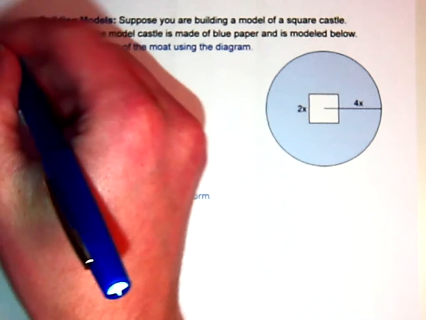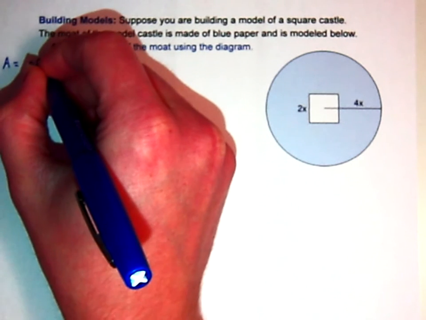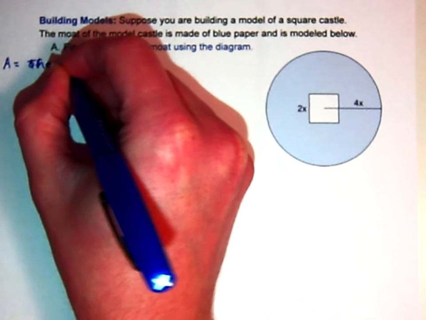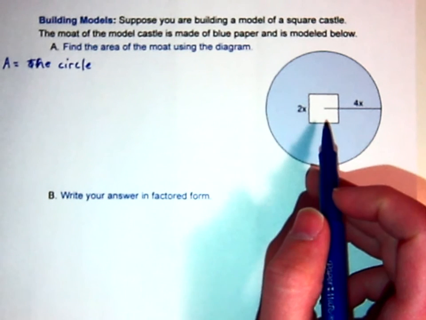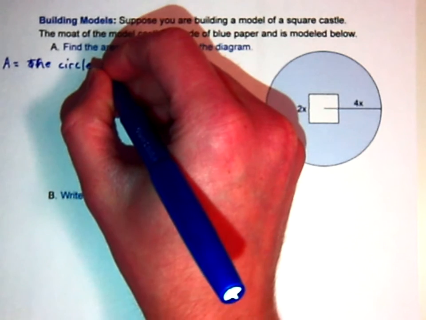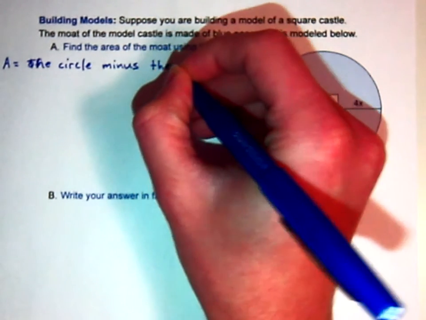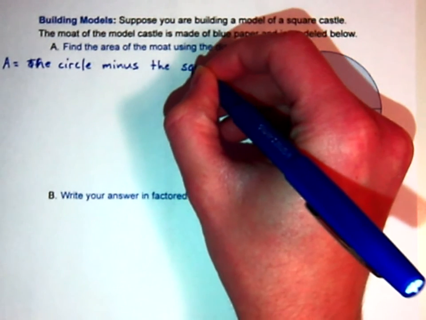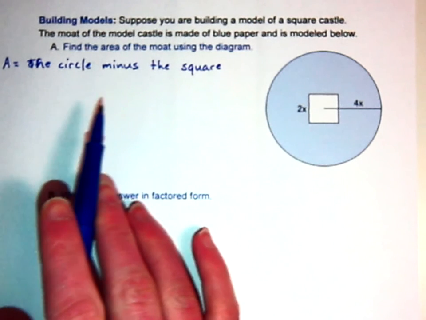The moat is a circle, so the area is going to equal the circle, but it does not include the square. So we're going to subtract the square.